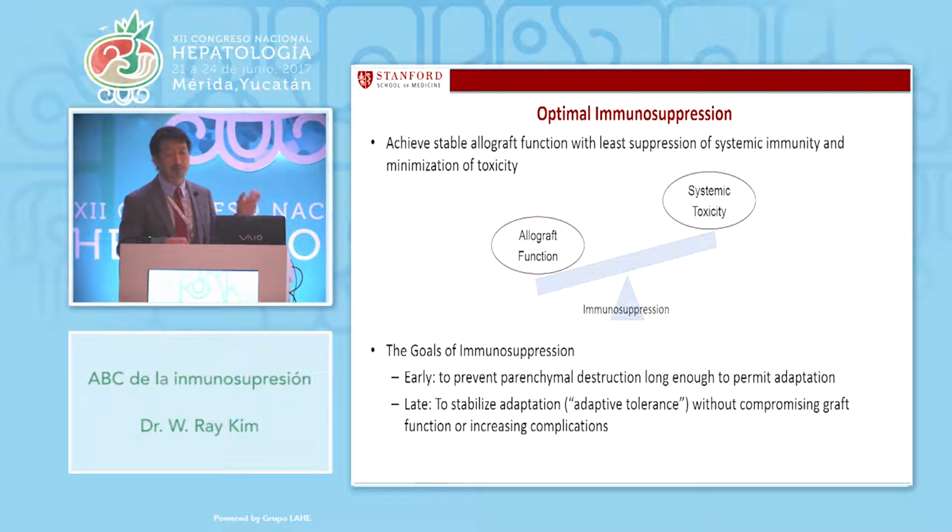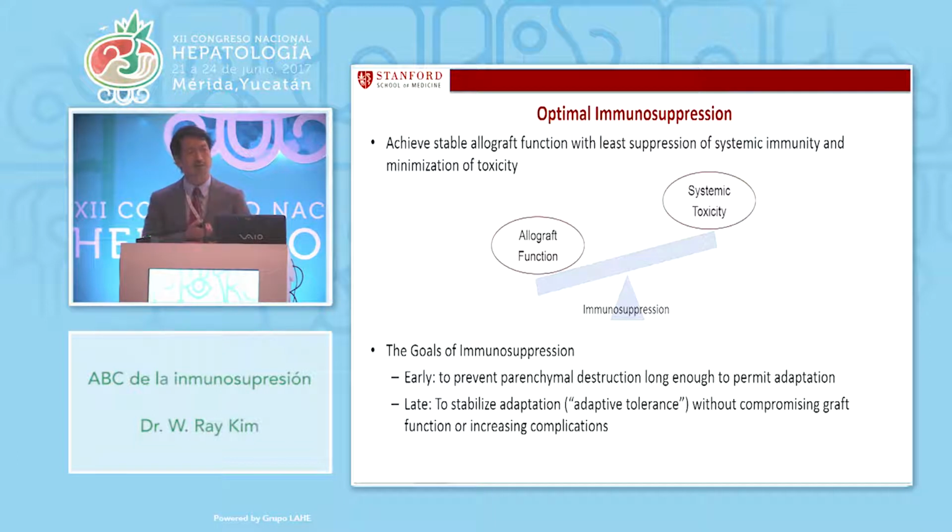That is done by giving more immunosuppression. But if you give too much immunosuppression, then you will have toxicity. And Dr. Oliveira talked about infection being one of the toxicities, malignancy being another. Then there's drug toxicity, such as renal toxicity, diabetes, and so forth. So you want to manage those two things.